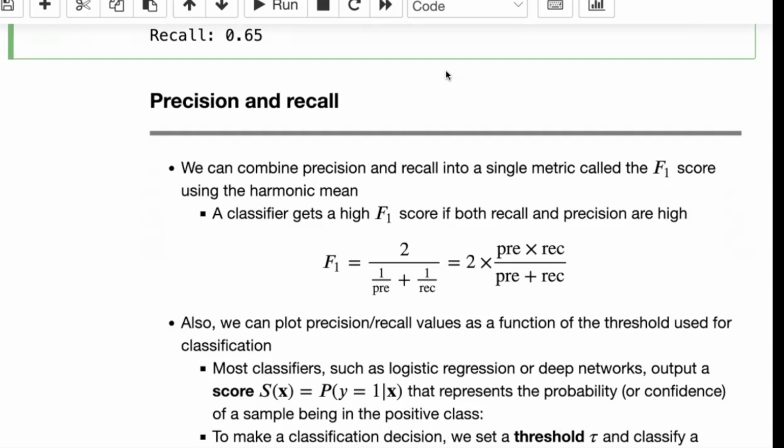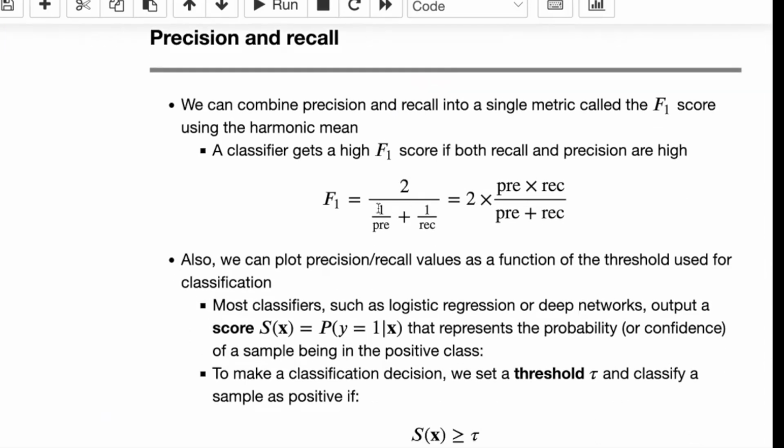So the simplest way is something known as the F1 score. What you do here is find the harmonic mean, and harmonic mean is different from arithmetic mean, meaning that when you add two things and divide by two. So harmonic mean has this formula, 2 over 1 over precision plus 1 over recall.